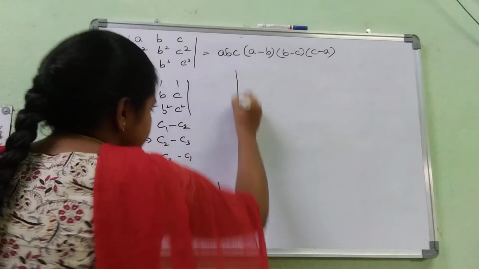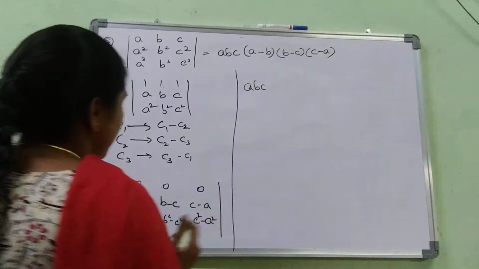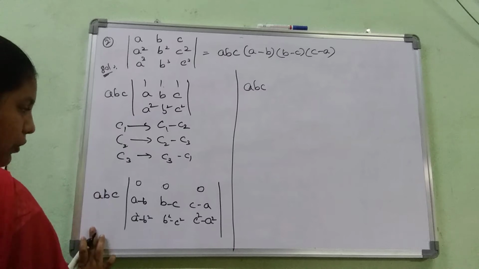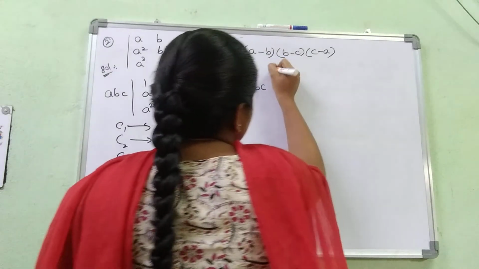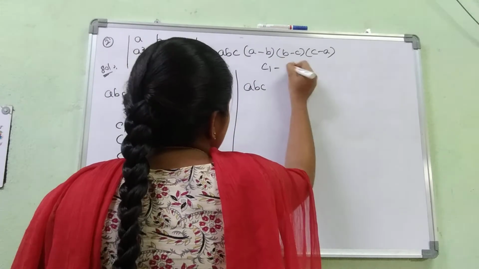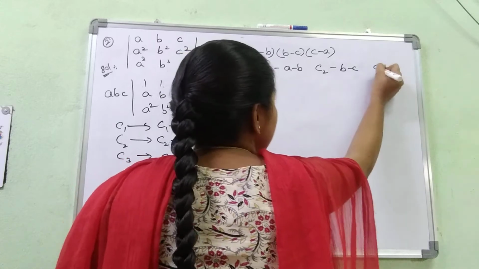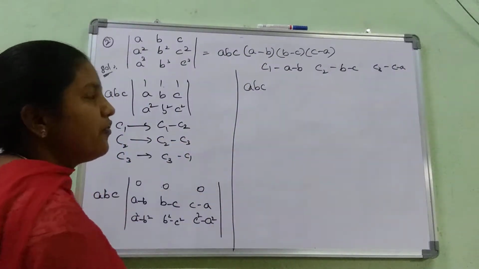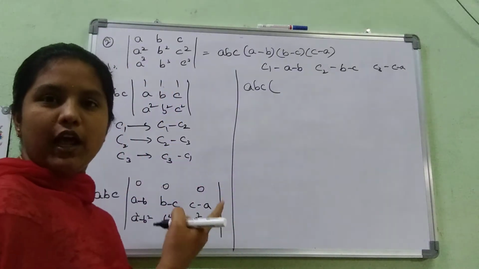Now here, as we have taken A, B, C out, from first column I am taking A minus B out. Listen here, from C1 I am taking A minus B, from C2 I am taking B minus C, and from C3 I am taking C minus A. So our resultant matrix will be ABC into, okay, are you understanding?